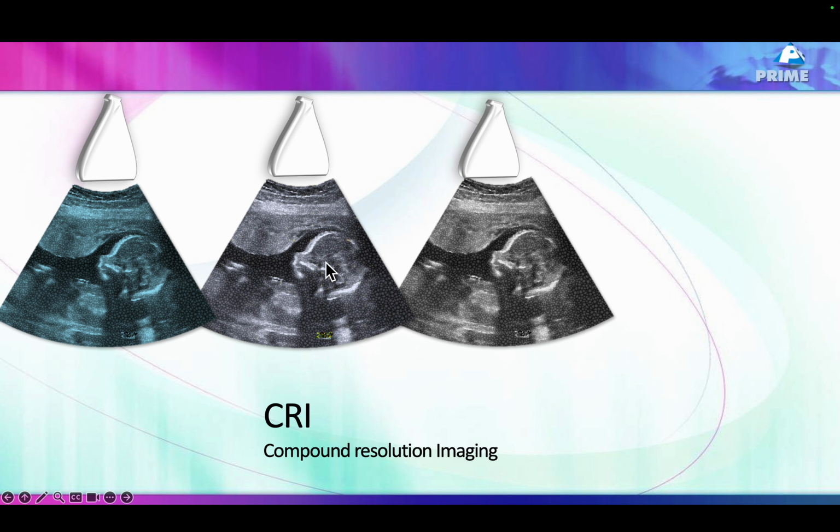One of them is compound imaging. And what is compound imaging? We scan with scan lines that are perpendicular, then at a different angle, then the third at another different angle. Once we scan the same frame at different angles, the speckles are not the same, but tissue remains the same. Tissue doesn't change.